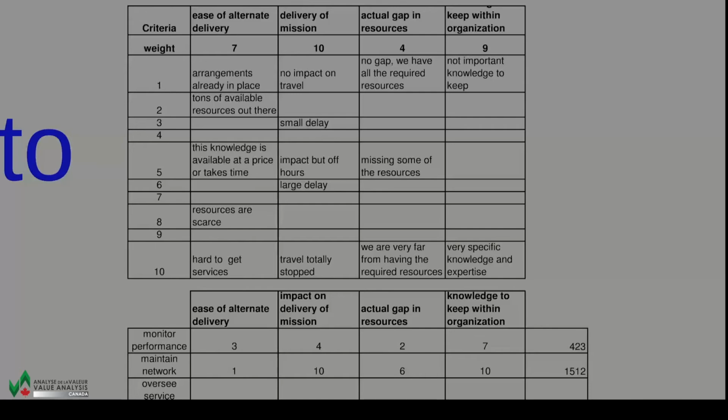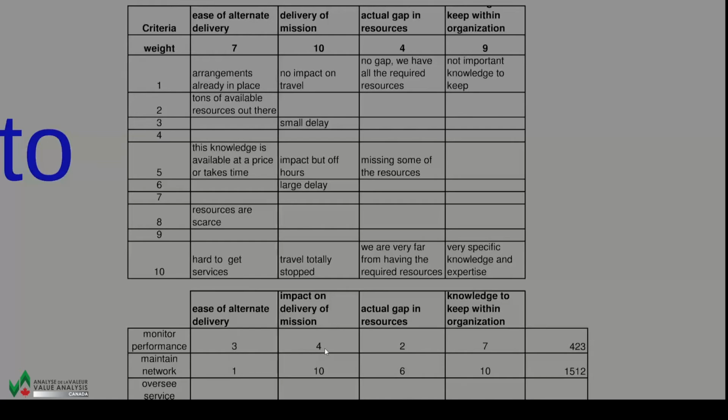And then we looked at all the functions. We took a whole bunch of functions and asked ourselves with the team. So for example, monitor the performance of the workers. How easy is it to have somebody else do it? That was quite easy. 3, there's lots of resources that can do that.